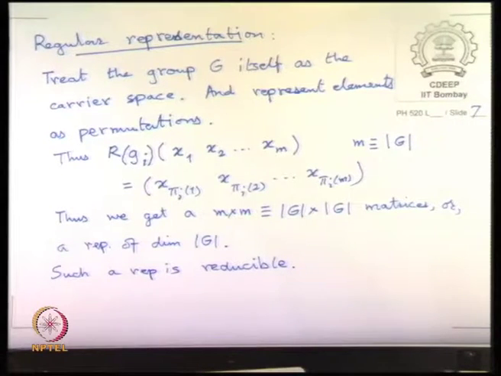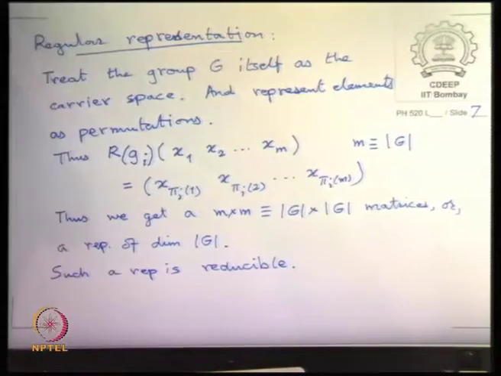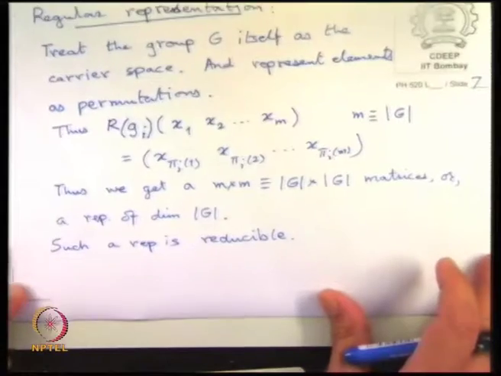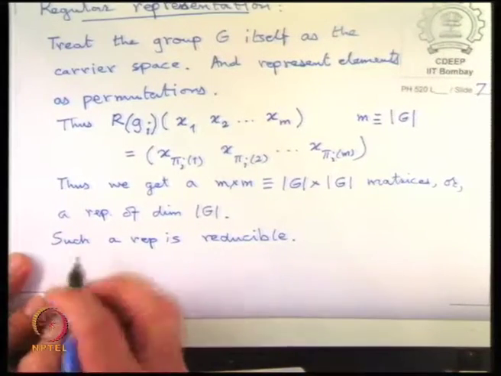In particular, you will find that the character of every single element is 0 in such a rep, except identity.